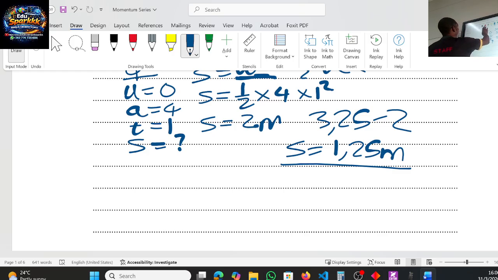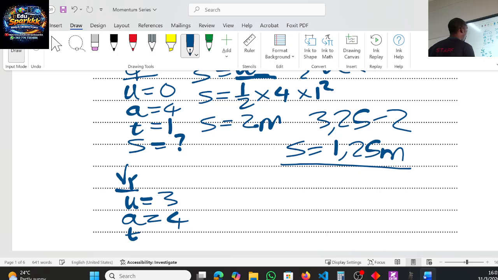So if we want final speed, let's say V for particle P. But remember, this particle P, initially in that section, had a speed of 3. We can just take the acceleration within the region as 4, and the time, but the time is not 1 second.